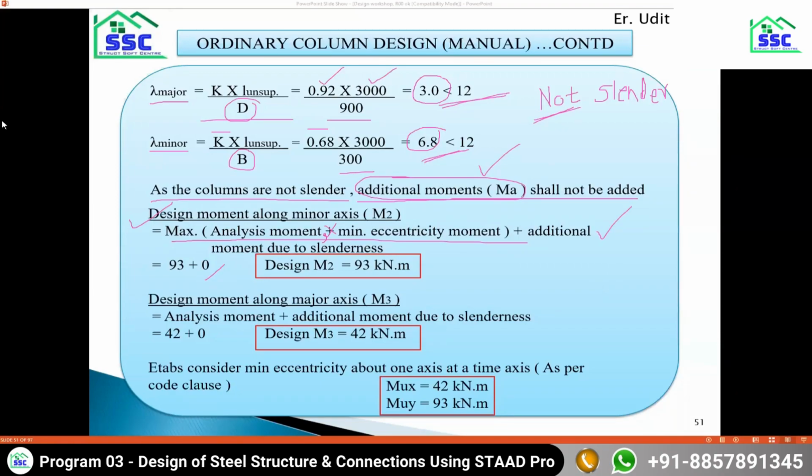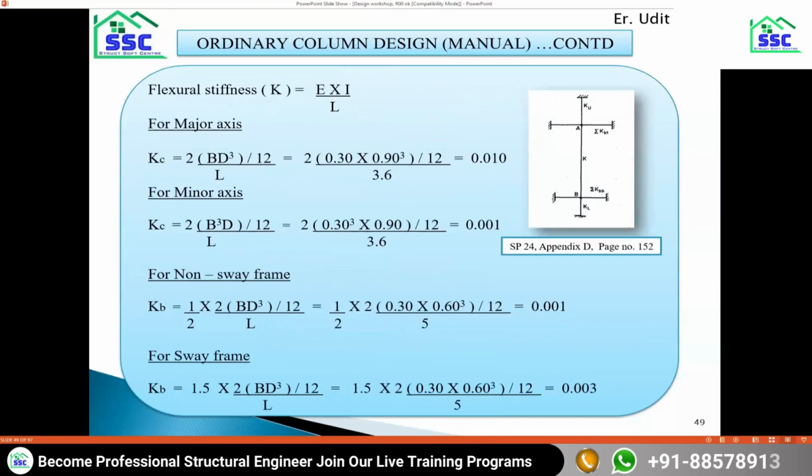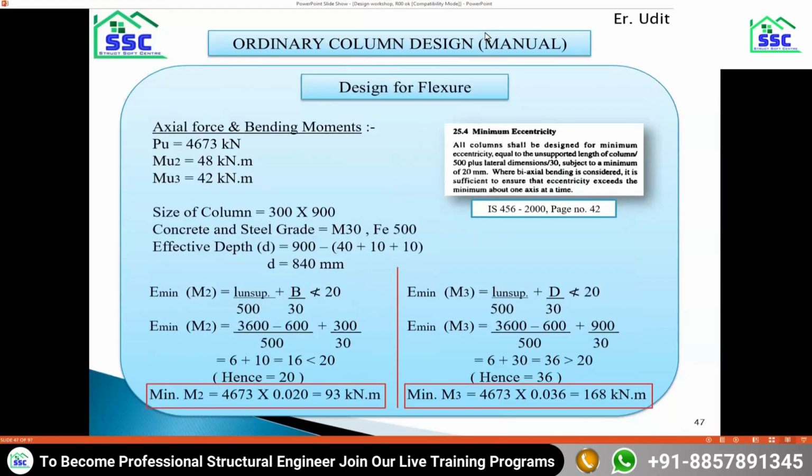So I will go back to the second slide of column where we have calculated minimum eccentricity moment. So the minimum moment along minor axis is 48, which is obtained from analysis. This is analysis moment, and the eccentricity moment is 93. So the maximum of these two is my design moment.